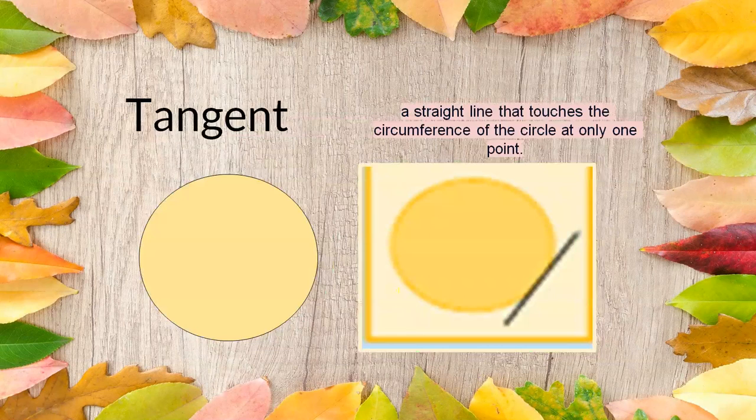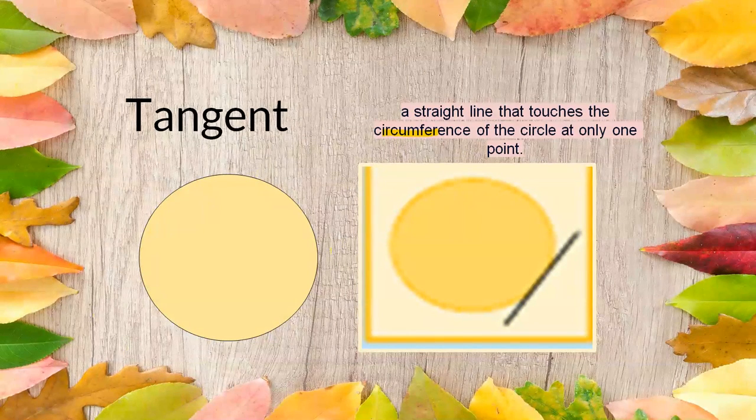The new term is tangent. What is a tangent in a circle? It's a straight line that touches the circumference of a circle at only one point. Look over here, this straight line touches the circumference. What is circumference again? You know about it.